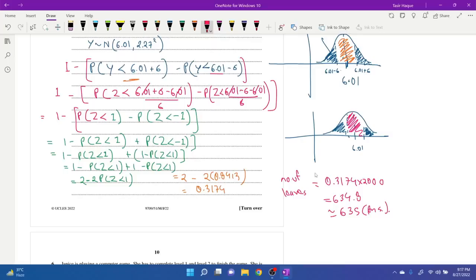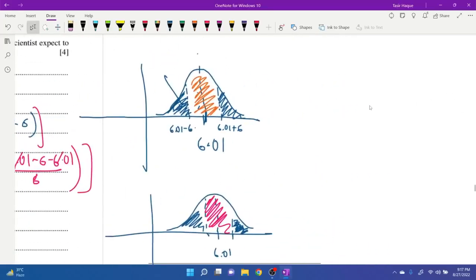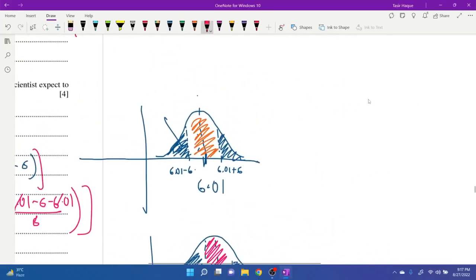So this is one way of doing it. The other way was, if you guys are interested, you could do it manually, going for the blue areas individually. For example, if you want to go for area number 1, you could go for P(Y is less than 6.01 minus sigma).